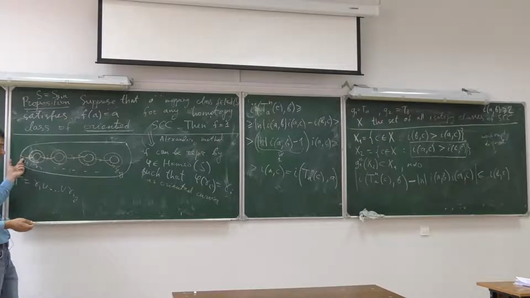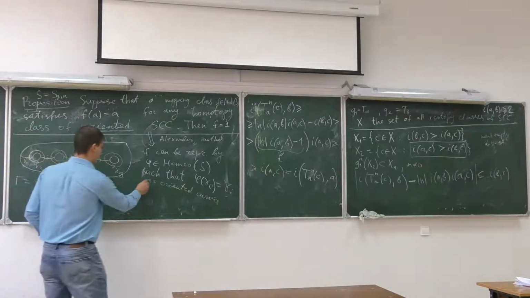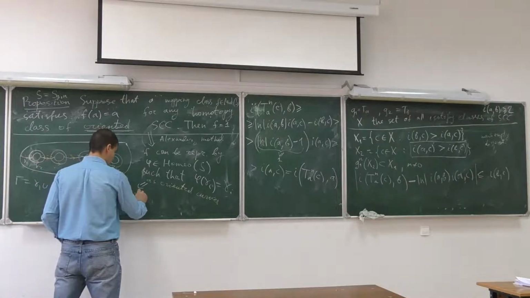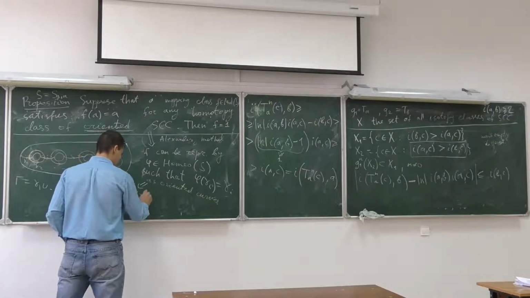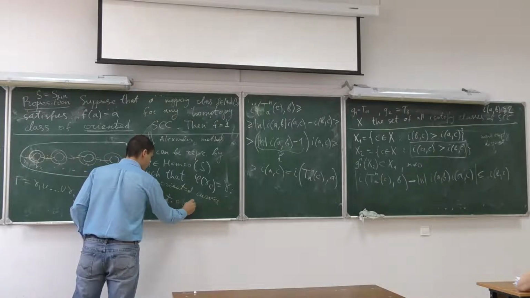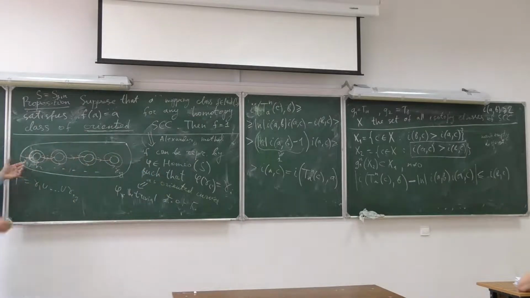Since the orientation of gamma 1 is preserved, this characterization is also preserved. So we see that phi induces the trivial automorphism of gamma. Hence, we may achieve by an isotopy that this gamma is fixed pointwise.